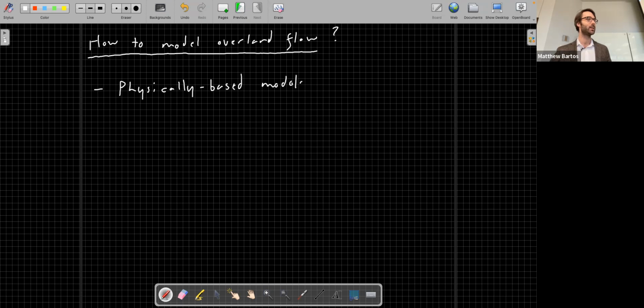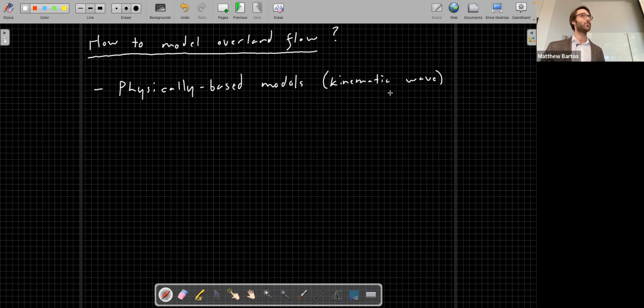Generally what's used in stormwater would be the kinematic wave model. Who remembers kinematic wave from all the way back at the beginning of class? It turns out that that simplification of the full equations for unsteady flow works very well for overland flow. So many models use kinematic wave to model the overland flow portion. You can model it as a wide rectangular channel and apply the kinematic wave.